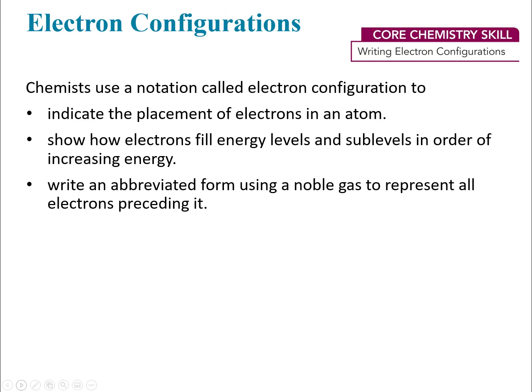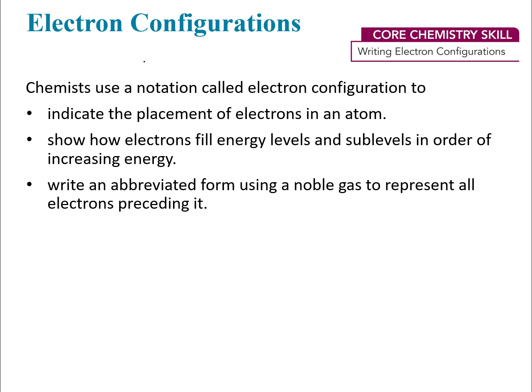To go along with those orbital diagrams, we also have to talk about electron configurations. So this notation is used to indicate the placement of electrons in an atom. You're showing how the electrons are filling the energy levels and the sublevels, and that goes in the order of increasing energy.